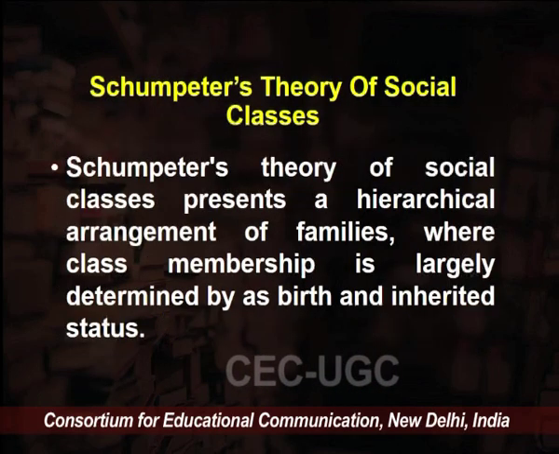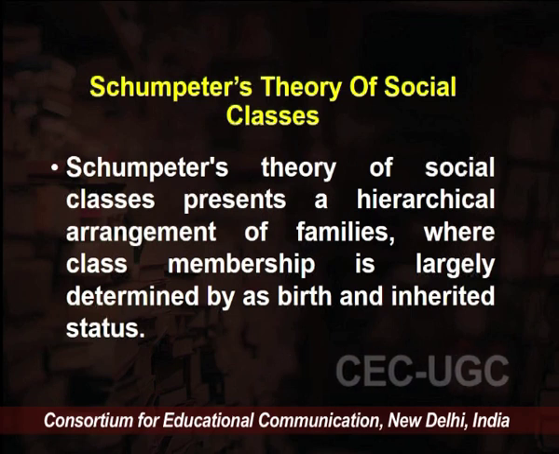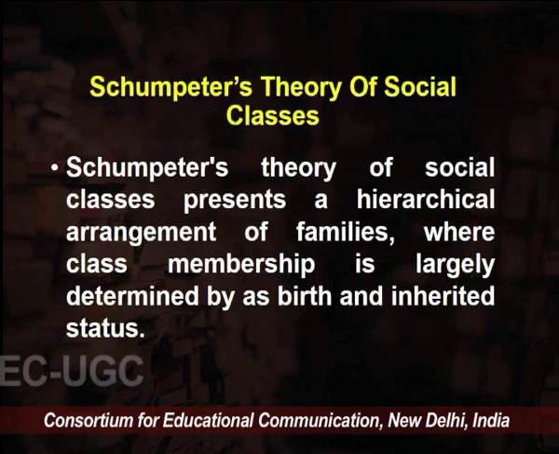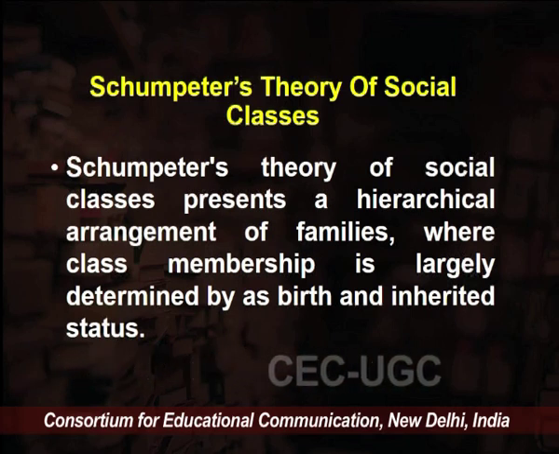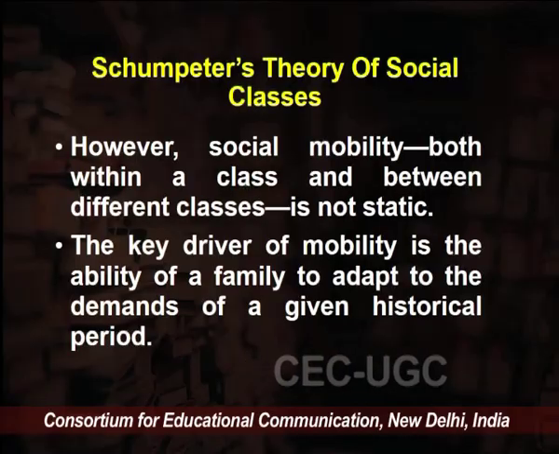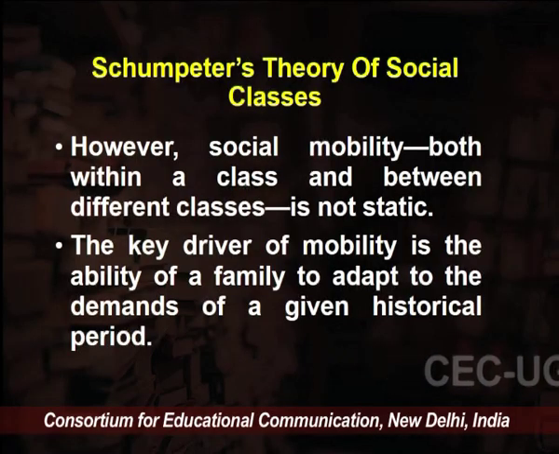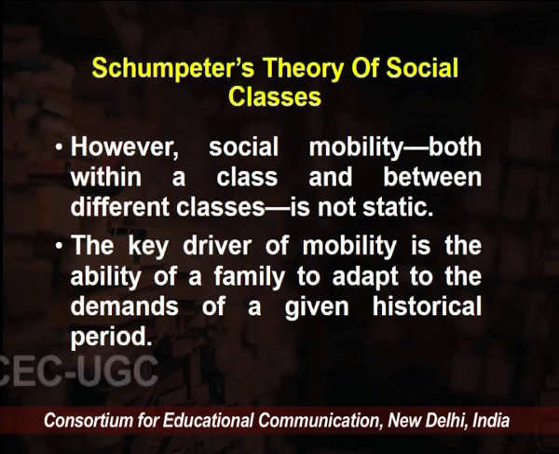Schumpeter's theory of social class presents a hierarchical arrangement of families where class membership is largely determined by birth and inherited status. So, there is a kind of ascribed status within the class understanding. However, social mobility both within a class and between different classes is not static.